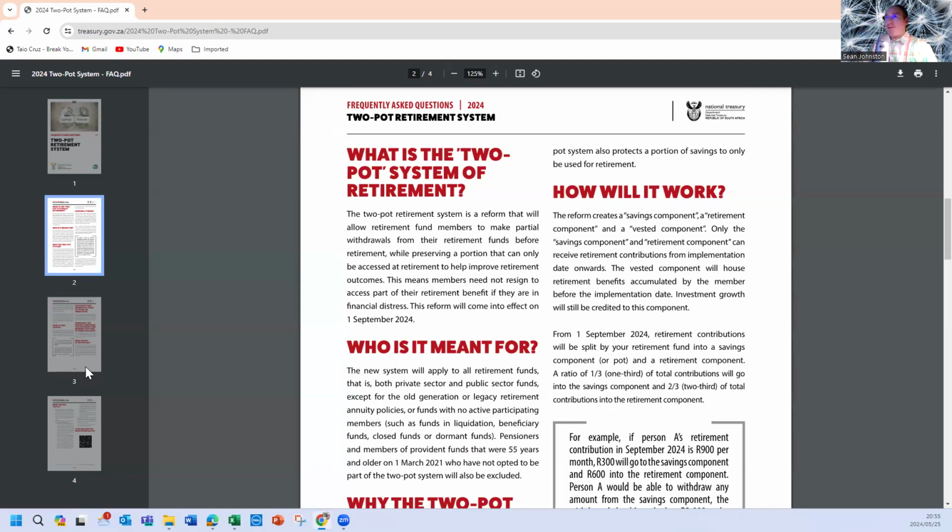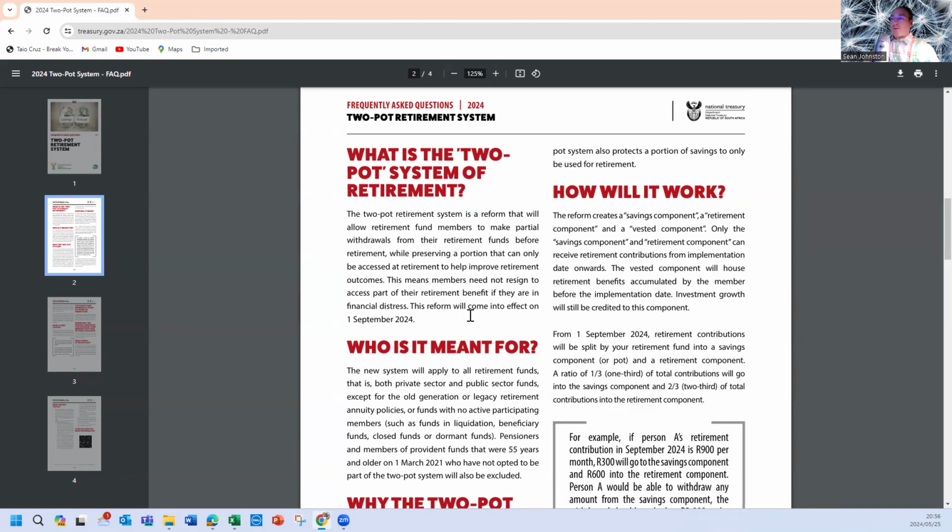So as a certified financial planner, my view on that statement is, well, firstly, I don't know what percentage of people are resigning from their employers to access the retirement funds. I do not have that information. And secondly, if you have a financial planner and you contribute towards retirement funds, in this case, it's a pension or provident fund because you have to resign from your employer to access these funds.